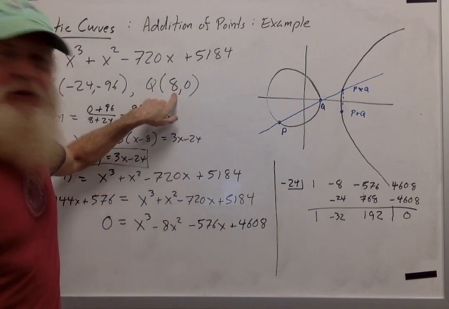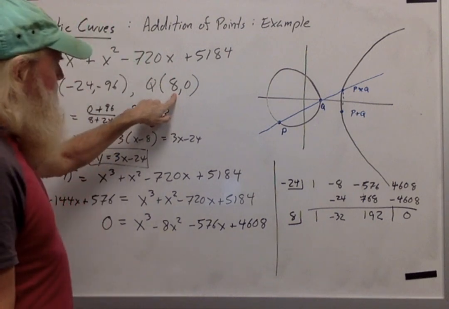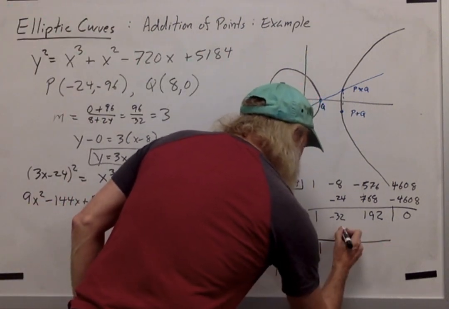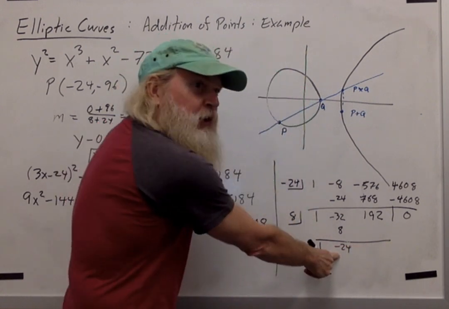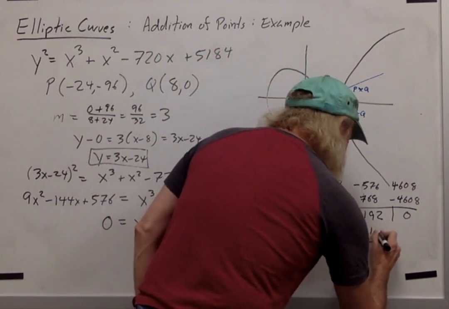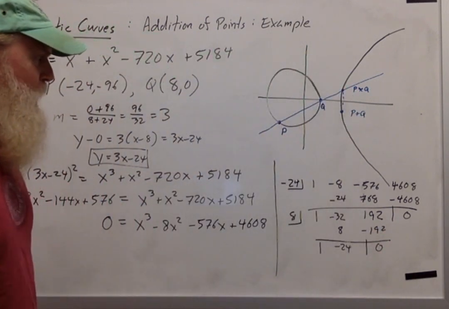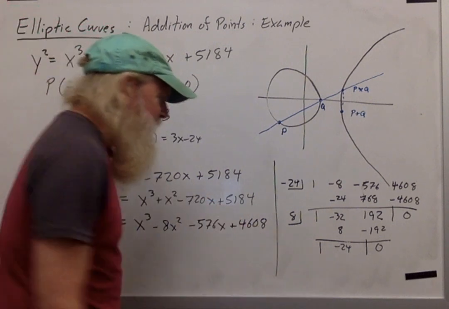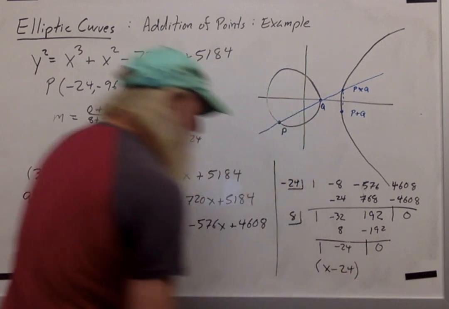Now let's do the same thing with 8. So continuing the synthetic division, I'll put the 8 in. So 1, 8, negative 24, and 8 times negative 24 is indeed negative 192. So once again I get a remainder of 0. So my third factor down here is going to be x minus 24.